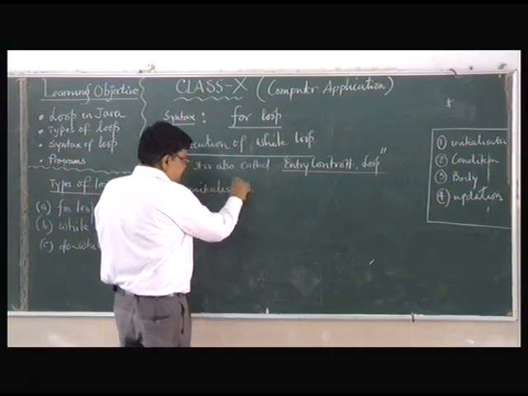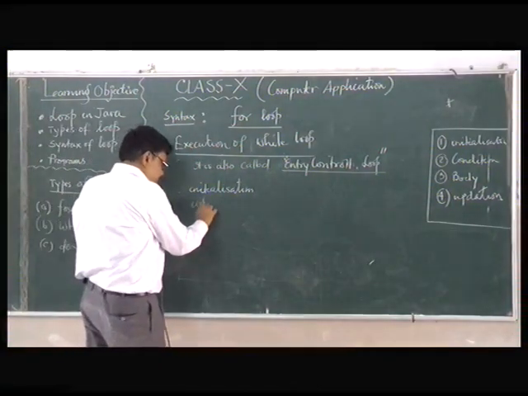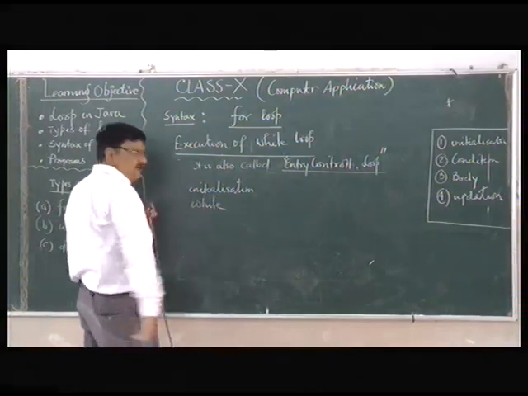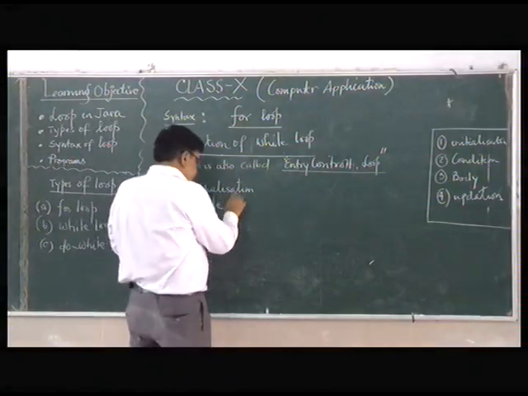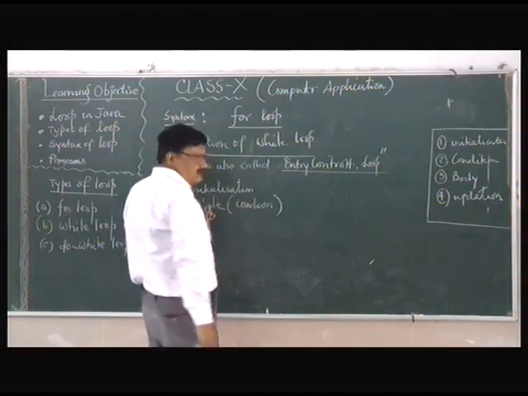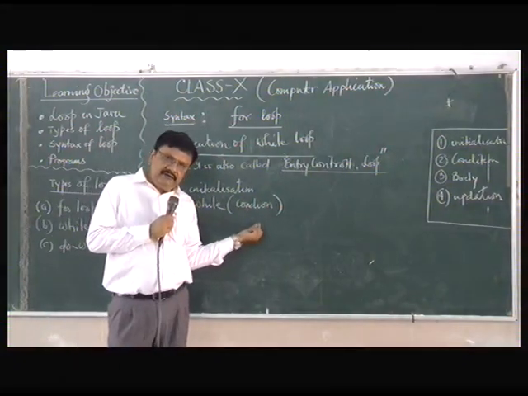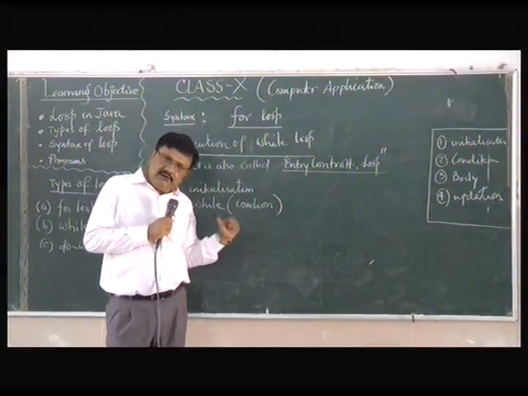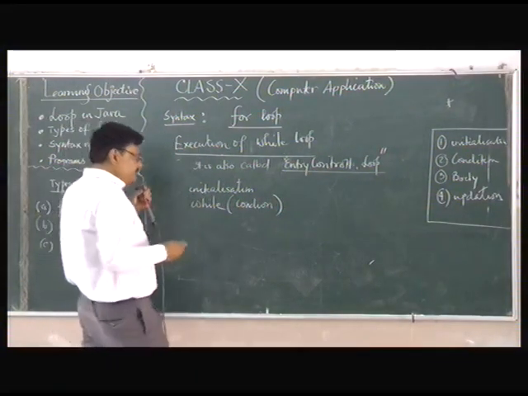Now, after initialization, while, we know what the while is, w should be small, while, then the condition has to be there, am I right? This is a Boolean condition. It will give either true or false, yes or no. So we will put the Boolean condition over there.